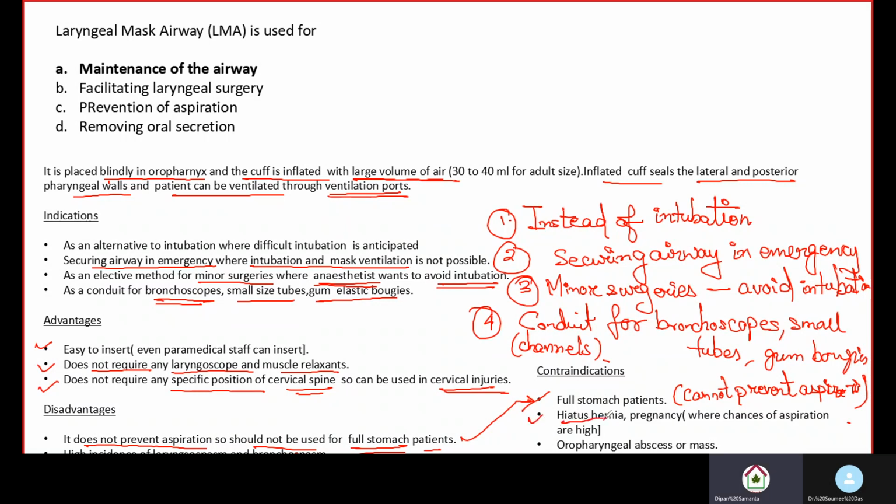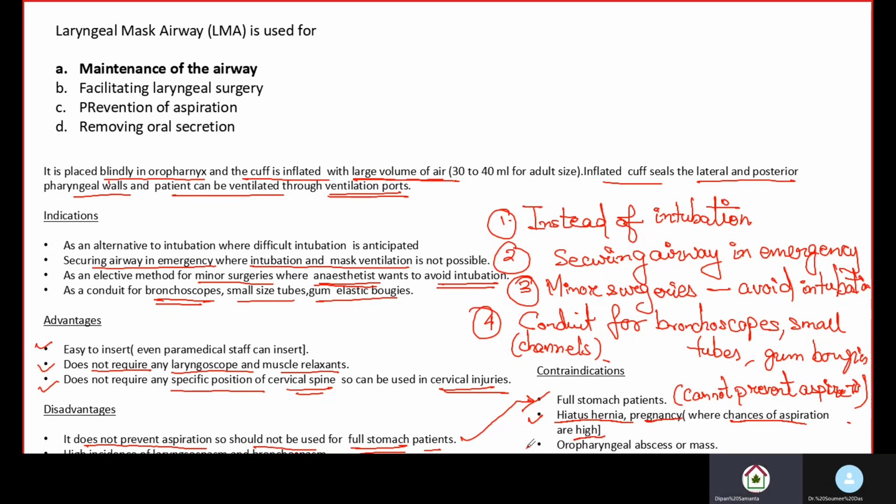Next is hiatus hernia, pregnancy, where chances of aspiration are high.